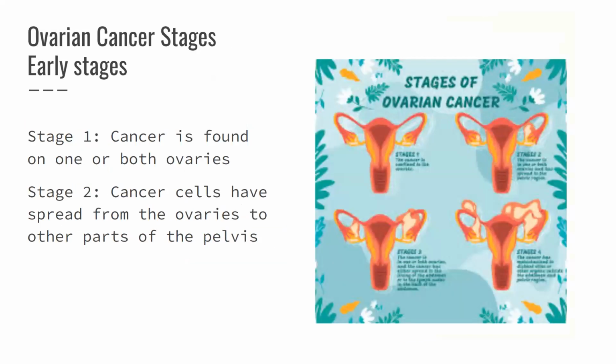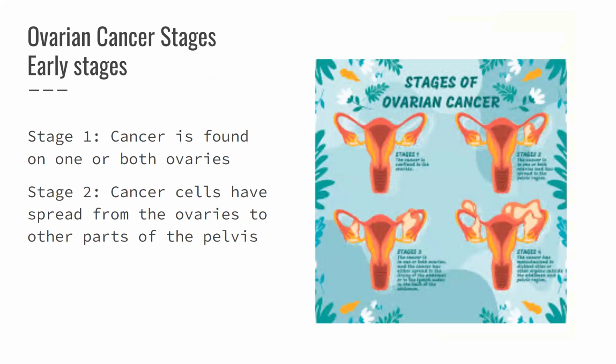All right, so now ovarian cancer stages. First we're going to start off with the early stages of ovarian cancer. Starting with the first stage, in the first stage of ovarian cancer, the cancer is found on one or both ovaries.